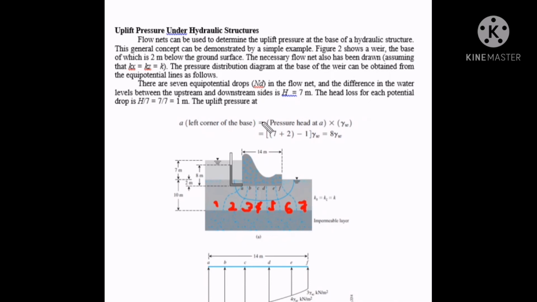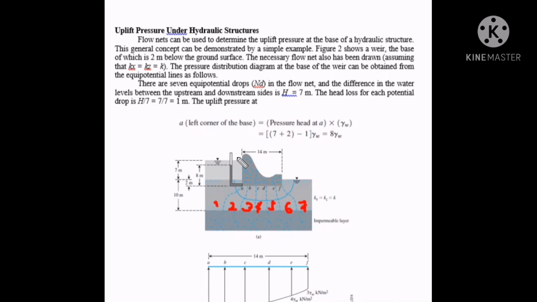That's why there are 7 equipotential drops, or ND. And the difference in the water levels between the upstream and downstream side is equal to 7 meters.